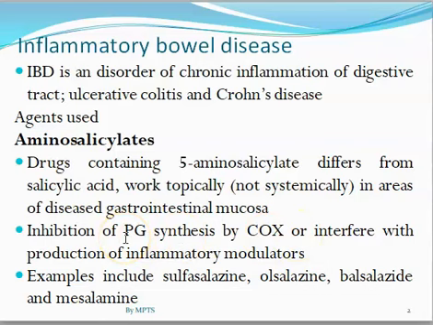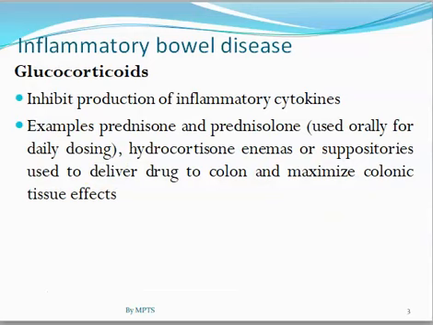Examples are sulfasalazine, olsalazine, balsalazide, and mesalamine. I'm sure you have these in the pharmacies. The side effects and all others, you can look for them. They contain 5-aminosalicylates, differ from salicylic acid, and work topically, not systemically.